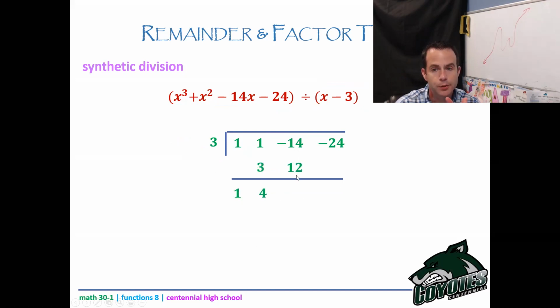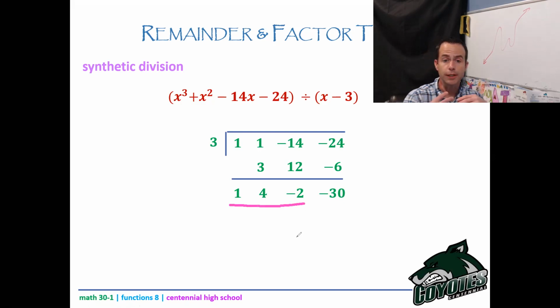Negative 14 plus 12 is negative 2. Negative 2 times 3 is neg 6. Negative 24 plus neg 6 is neg 30.